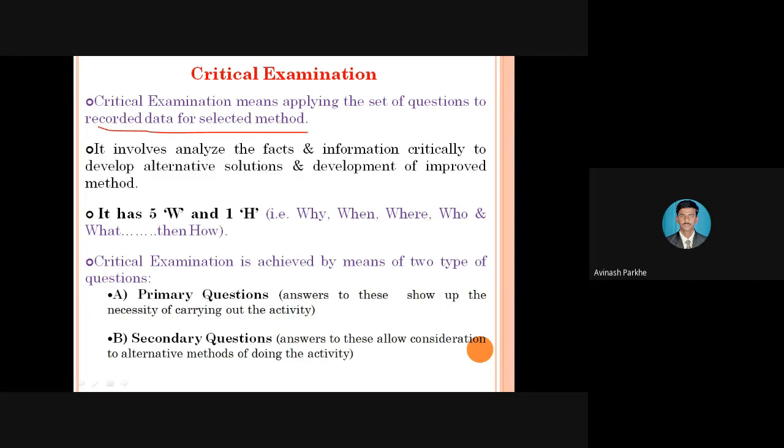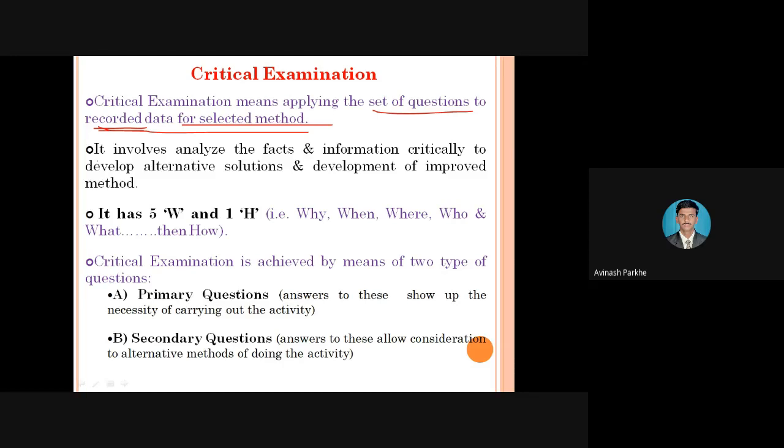Whatever method we have selected for modification, we apply a set of questions to it. That process is called critical examination.